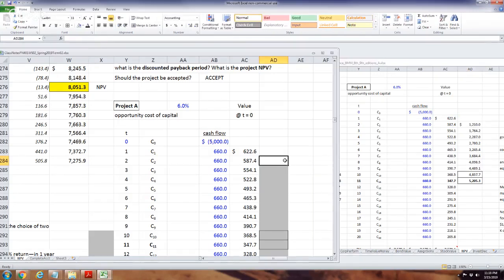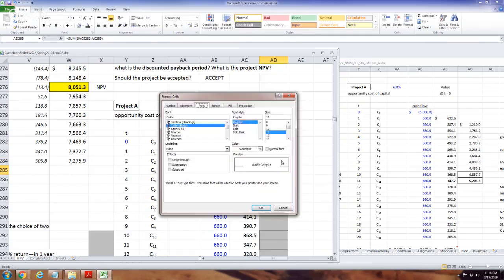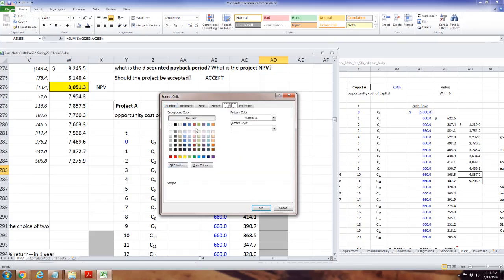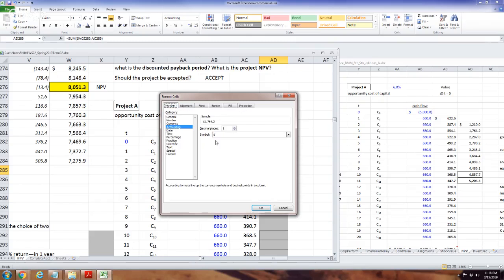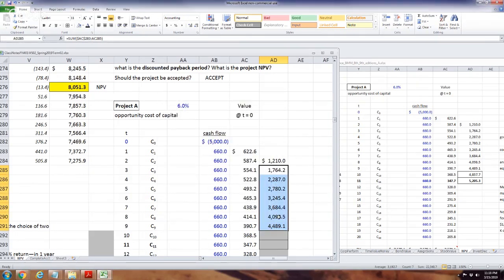Okay. So this equals sum parenthesis. Okay. And then you can just click here, anchor that. Right, Control D, Control 1. And this was accounting. I'll cover that. Control D. So yeah, when are we getting to 5,000?